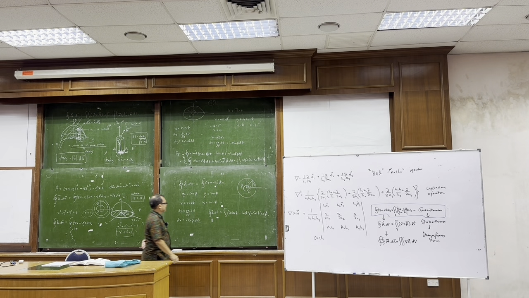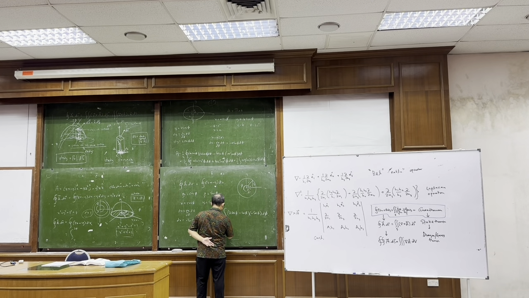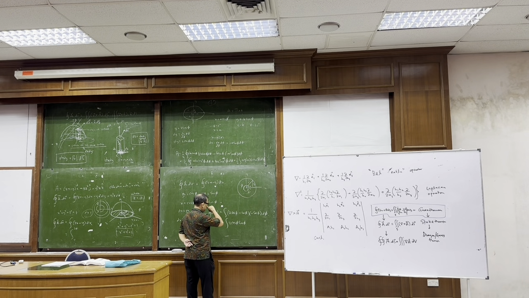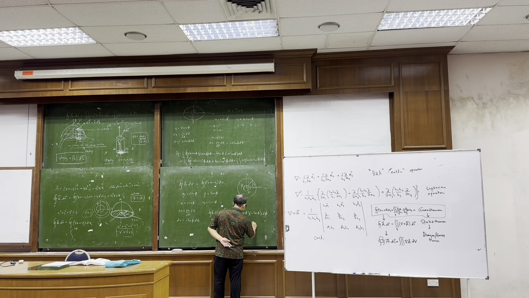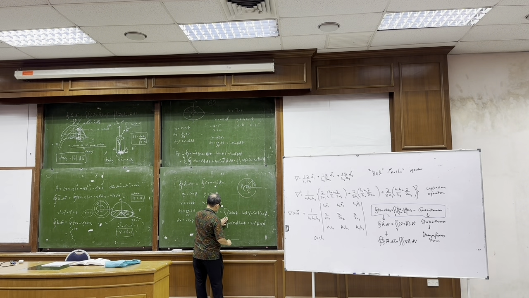Which is 2 cos phi sine phi, negative, plus sine squared phi d phi. So phi is from 0 to 2 pi.